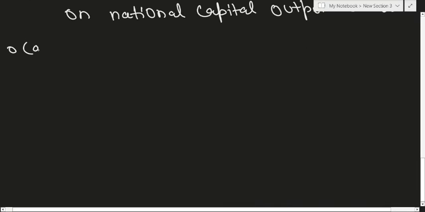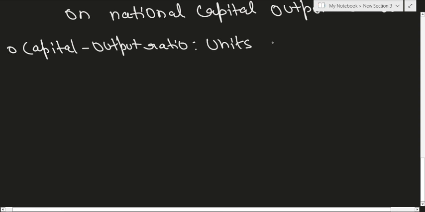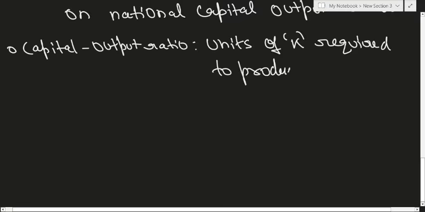Now, some more definitions. Capital output ratio tells about the units of capital required to produce a unit of output over a given period of time.